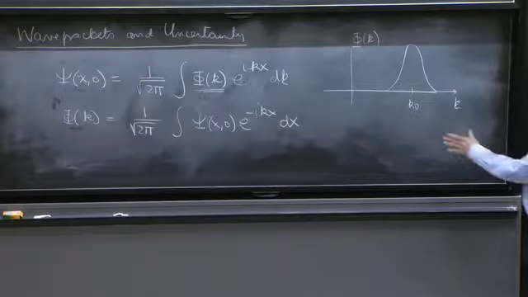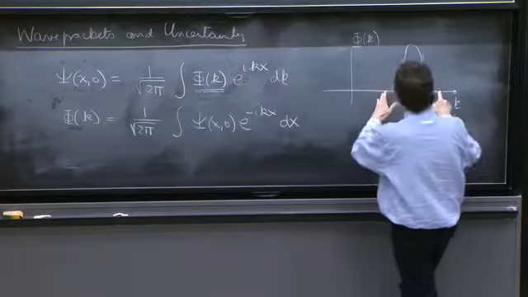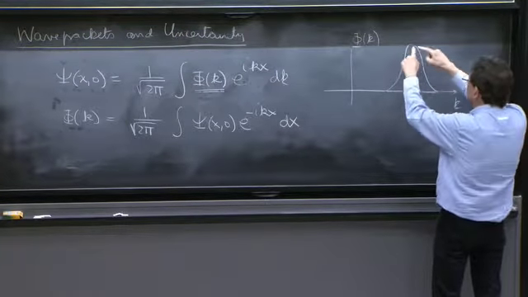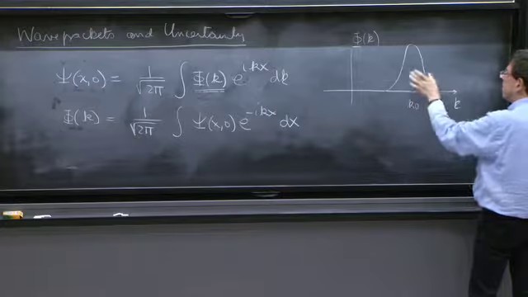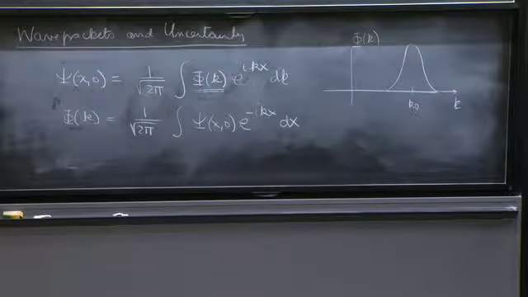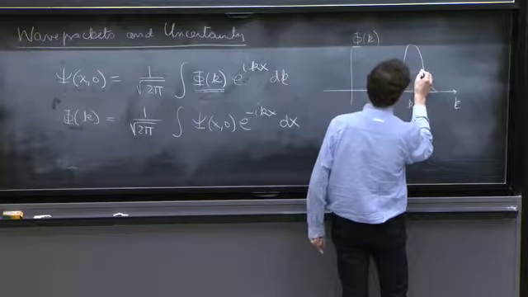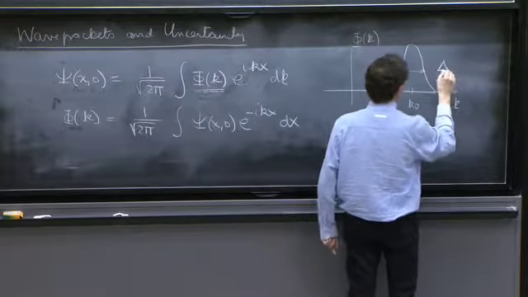That is, this signal, this phi of k, that we're using to produce this packet, has some uncertainty. It's not totally sharp. It's peaked around k naught, but not fully sharp. So the uncertainty is called delta k, and it's some typical width over here. Delta k is the uncertainty.